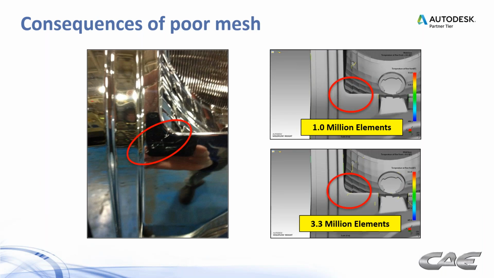If we don't mesh it densely enough, you might miss a knit line like we're seeing here. 1 million elements, which sounds like a lot, didn't catch that knit line in the corner there. 3.3 million elements did. So knowing what mesh density is required to get the answers you want, so that you don't get false positives, is a necessary component of building our simulation model.